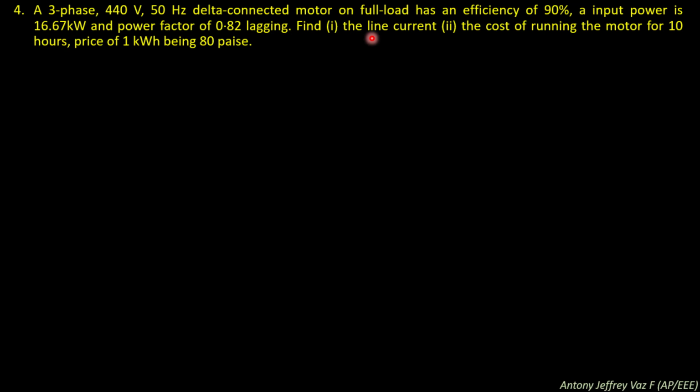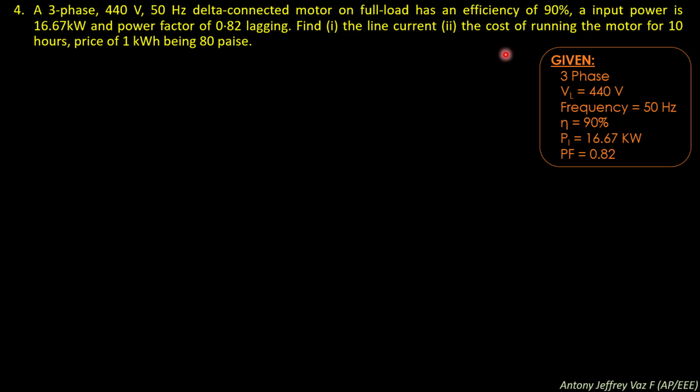Find the line current and the cost of running the motor for 10 hours, the price of 1 kilowatt hour being 80 paise. So in this problem you are going to find the line current and the total amount of rupees you need to give to the power supplier.